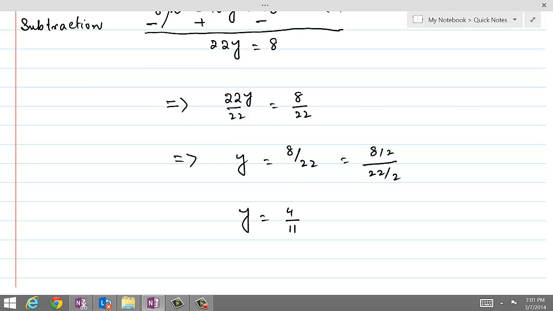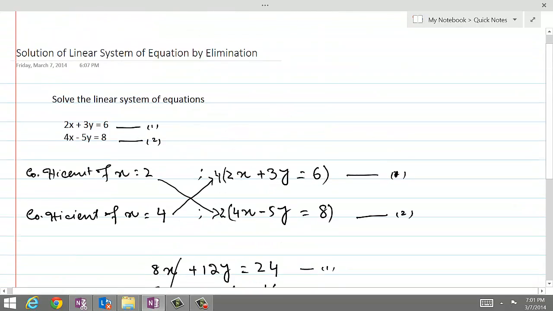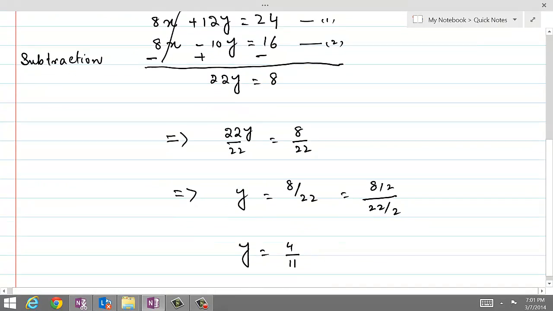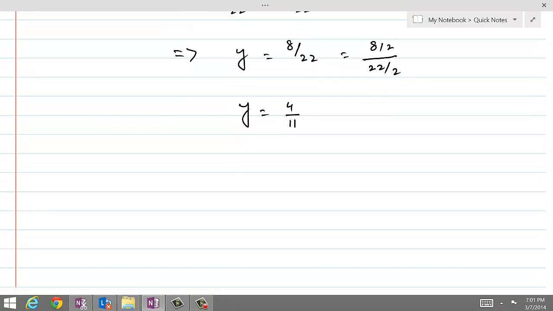Therefore, what we have done for the coefficient of x, we will do the same thing for the coefficients of y now. So let's rewrite those equations, but this time we are going to write the coefficients of y.